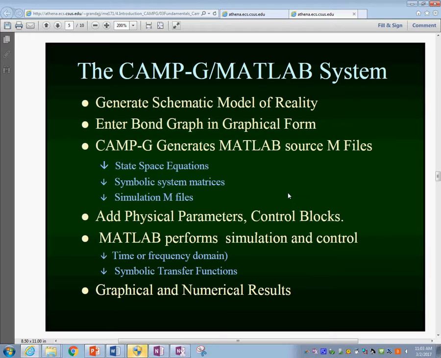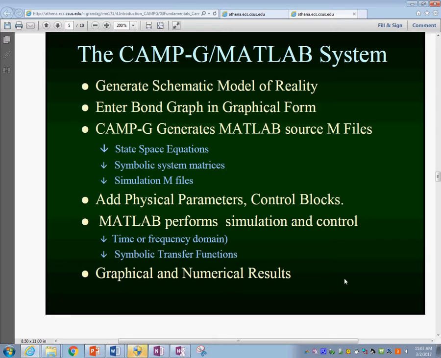Once you put that into the MATLAB M files, in this case, it will deliver the CAMG-SYM file, which stands for CAMG symbolic file. So in here you can do it in the frequency domain or you can do it in the time domain. And then you'll get the numerical results. That's the idea.